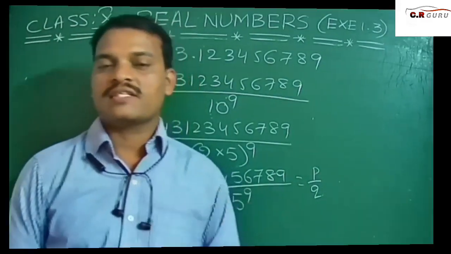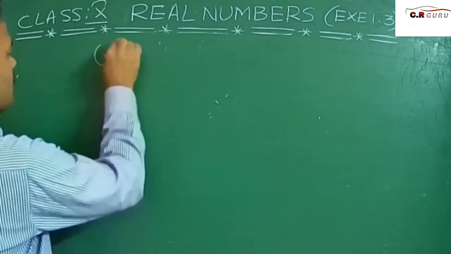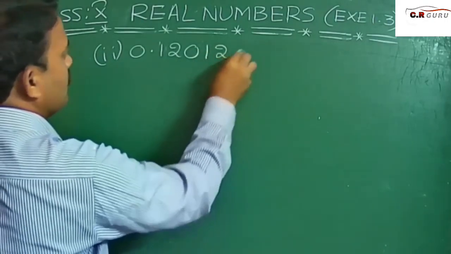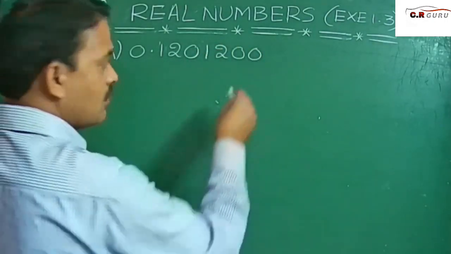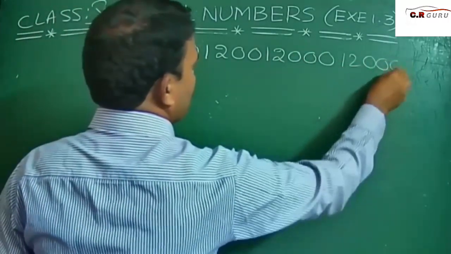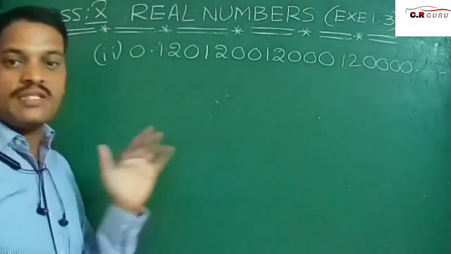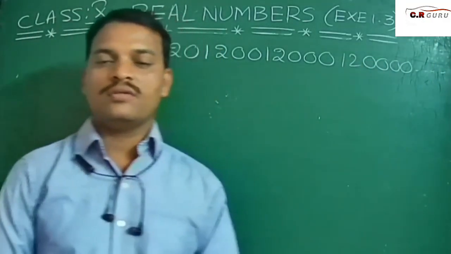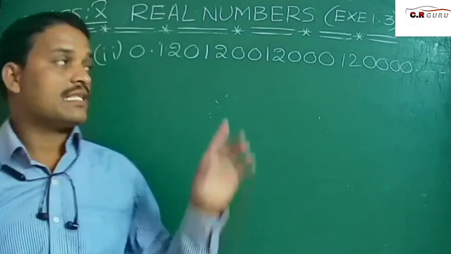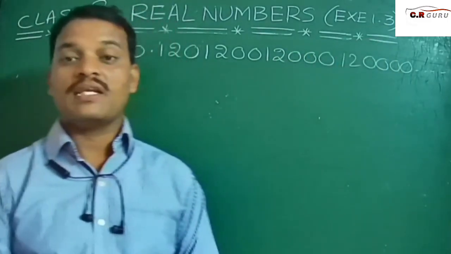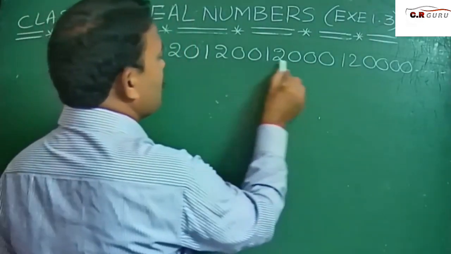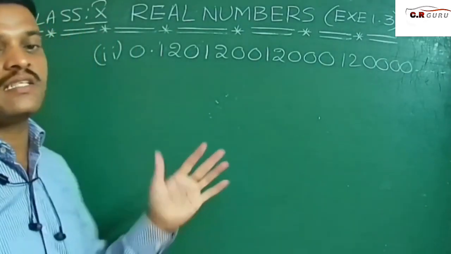Then I am going to explain the second sum, which is 0.120120012000120000 and so on. Already I told you this is a non-terminating decimal, because this decimal cannot be terminated. Whether it is repeating or non-repeating: here the decimal part digits are not repeated.